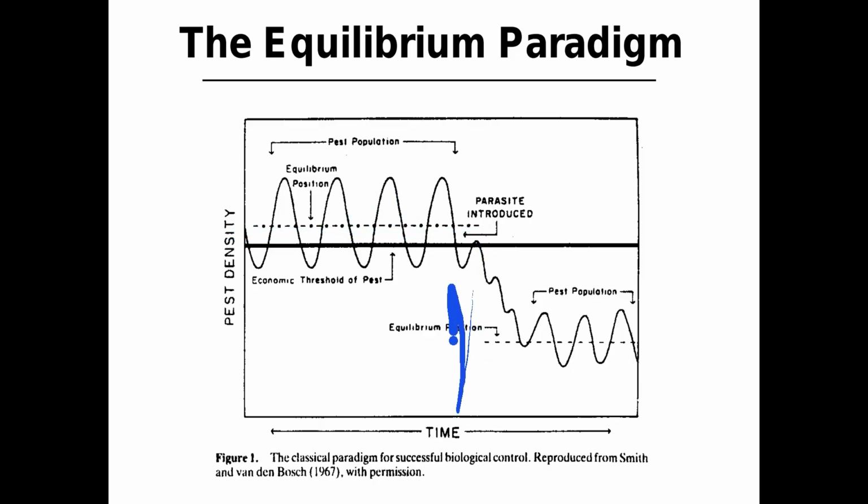When there is the introduction of a consumer, like a predator or parasite, the negative effects of these consumers on the herbivore population cause a decline to some new equilibrium. And if that equilibrium is below a threshold that is considered damaging, then this is a success. This is what we want to see. Part of what we're going to talk about today is the nature of how populations are regulated in the first place, what sets these abundances, and how natural enemies and how predation may be influencing those.